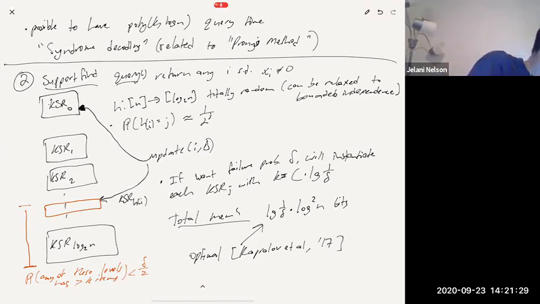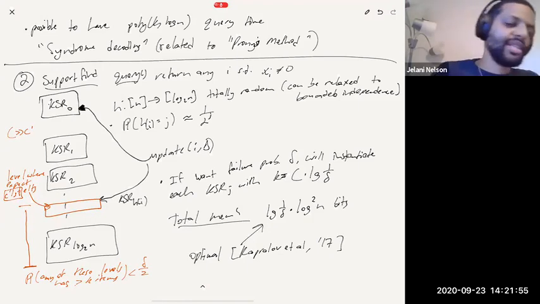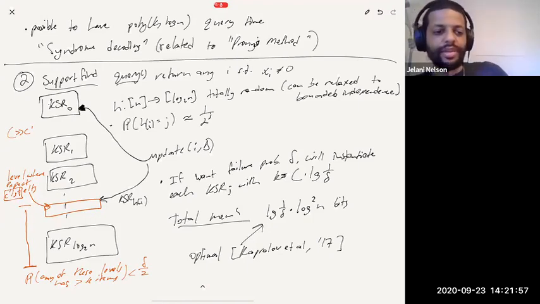So this is the level where you expect some other C prime log 1 over delta elements. And imagine that C is some constant that's much bigger than C prime. Okay. So if you look at this region of levels, you can argue just by a Chernoff and union bound that none of them gets more than C log 1 over delta elements via the hash function.